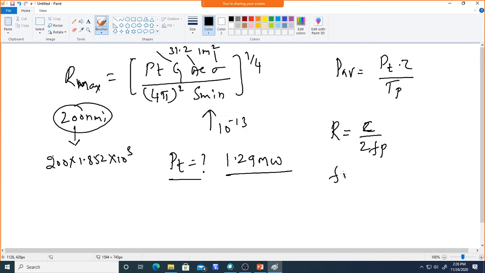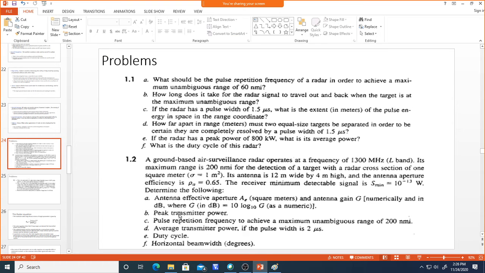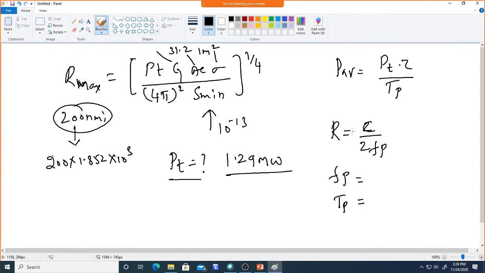So find out Fp, then find out what is Tp. Now that is the peak transmitter power. Now see the pulse repetition frequency to achieve a maximum unambiguous range of 200 nautical mile, that's what this question asks. So find out what is Fp and what is Tp.